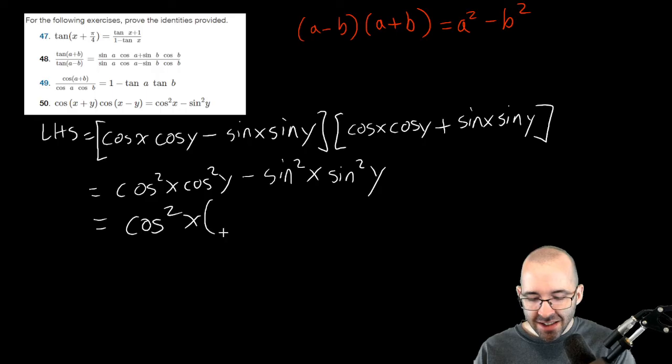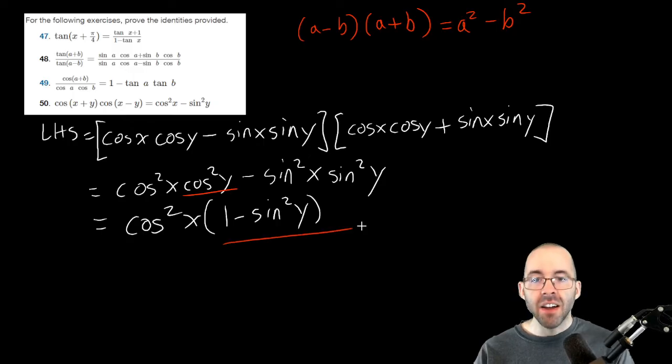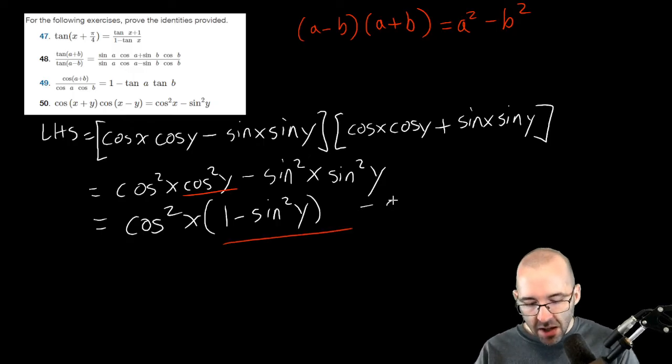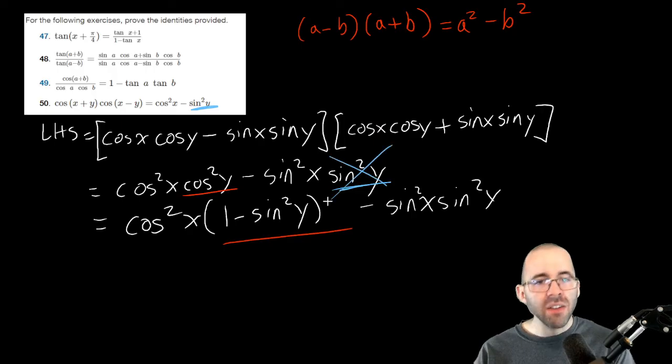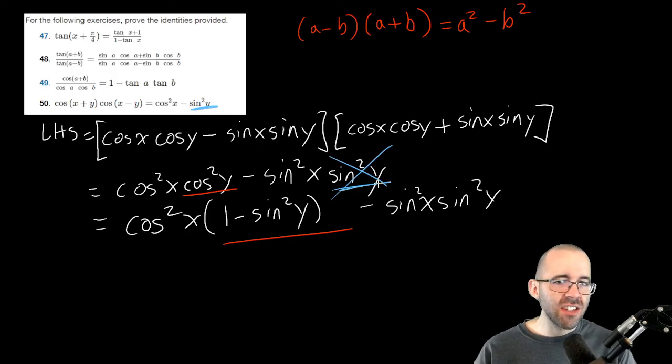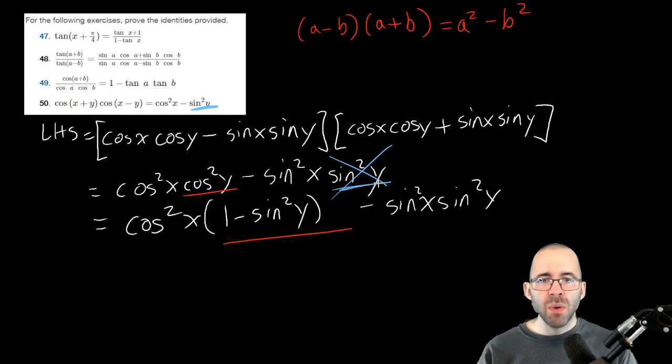Cosine squared of x times 1 minus sine squared of y. We're using the Pythagorean identity on this guy. Minus sine squared of x, sine squared of y. And you say, well, Jason, we have the same issue over here, right? Don't we want to get rid of this? Well, if we got rid of that, it changes it to cosine, and then we've just flip-flopped. We want everything to kind of match.